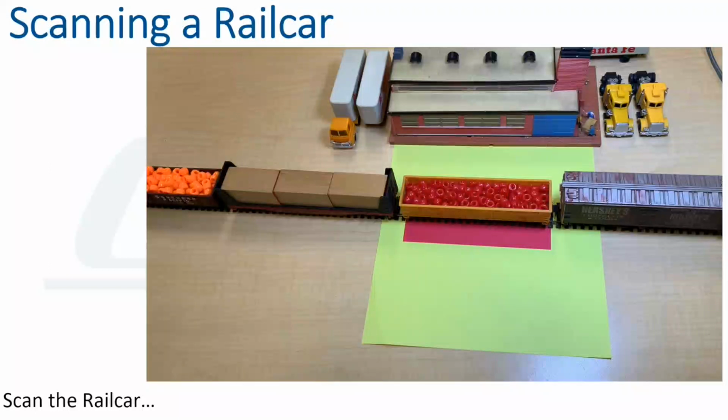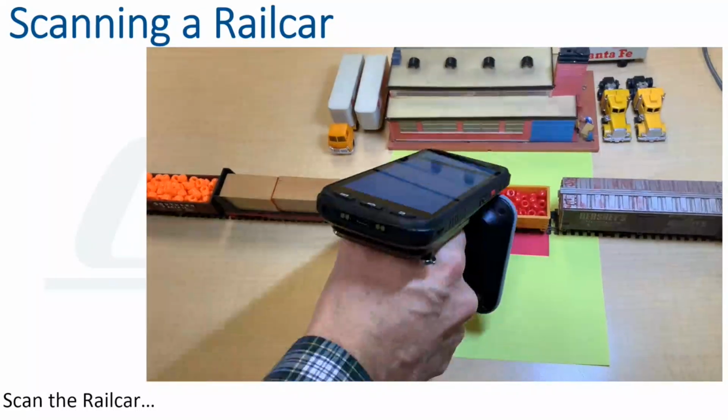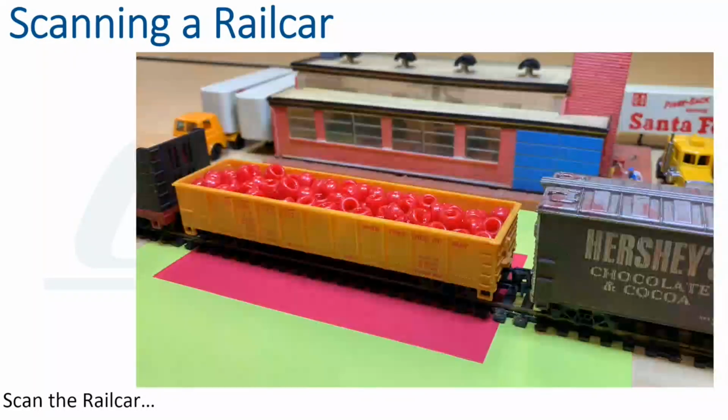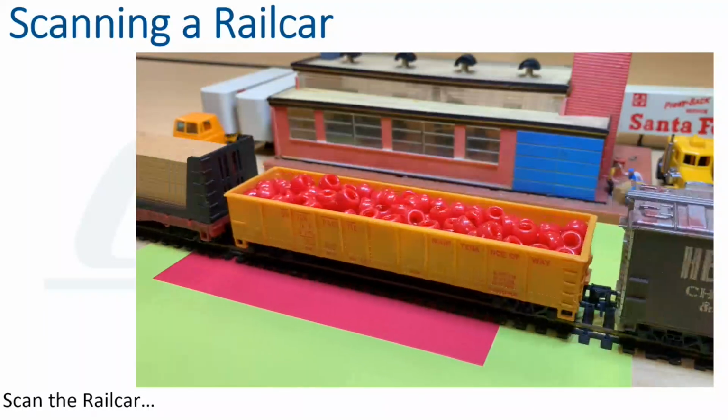So now the operator would scan the rail car that is at the unloading station. Since we don't have a miniature scanner to go with our miniature rail car, the scanner looks giant. But here we scan the rail car with the scanner. Maybe we could have multiple rail cars to unload. So here we could move the next rail car into position.